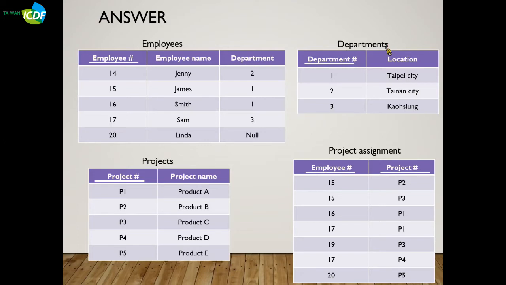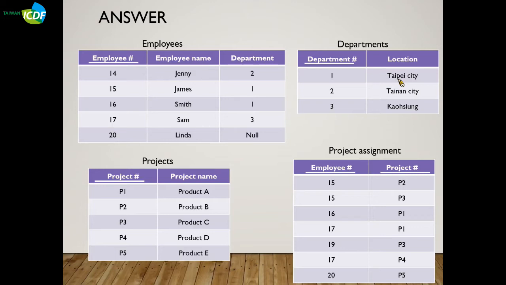The department table contains two attributes, department numbers and locations. First, we will examine department number, and we can find it is unique so that it is qualified to be the primary key. As to locations, although it looks unique so far, it's hard to measure whether the value is always unique forever.